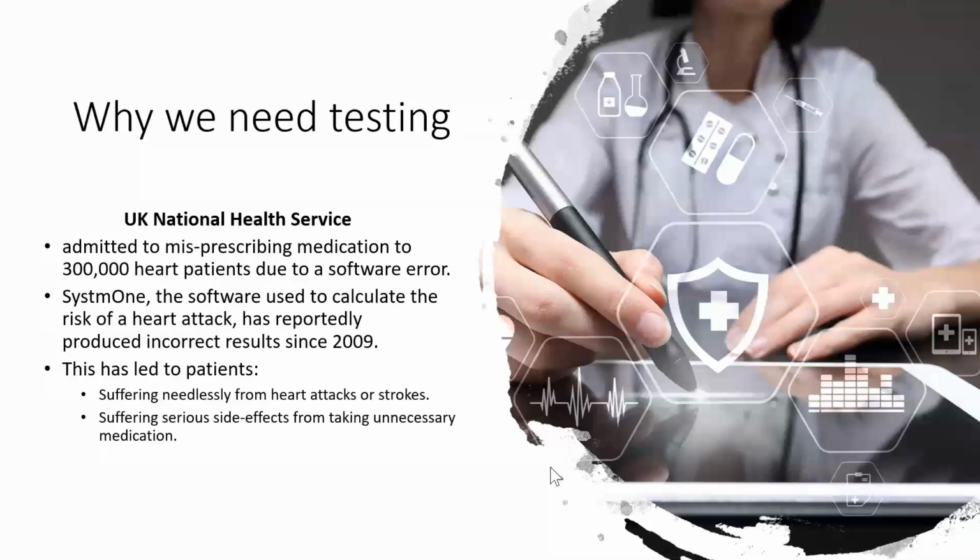Now, we're relying on a piece of software to determine whether or not someone's at risk of a heart attack, and it has been giving wrong results since 2009, and this has led to patients suffering heart attacks and strokes when they didn't need to. So again, this is something that wasn't tested properly, and now we have loss of life or severe side effects from people having heart attacks or strokes. Alright, so this is why we need a rigorous testing process.